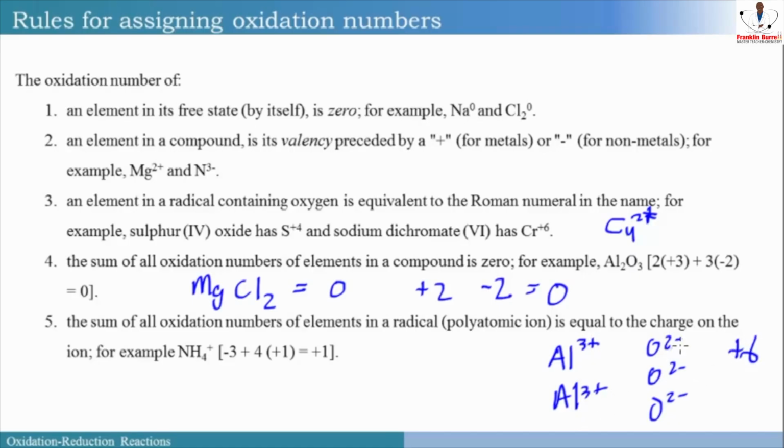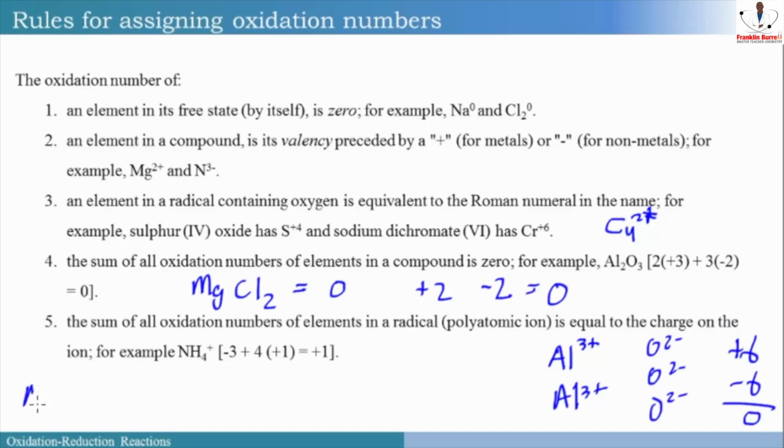And then having 2-, 2-, 2-, I have -6. And when you add those, you get 0, which means that the sum of the charges in a compound will be 0. Now, another rule that is very important is the sum of all oxidation numbers of elements in a radical or a polyatomic ion is equal to the charge on the ion.